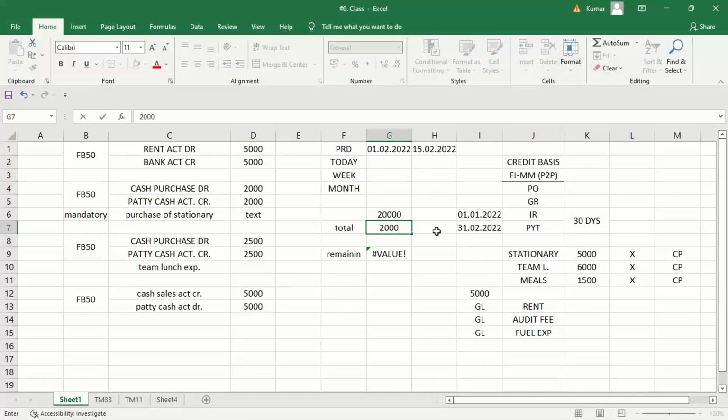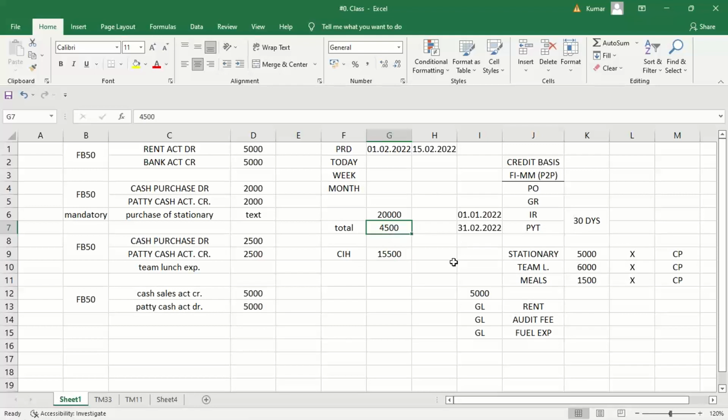It's okay. Right? So again, cash purchase, team lunch, 2500. So total how much? 4500. So look here, the balance is this much cash in hand. Right? Okay.